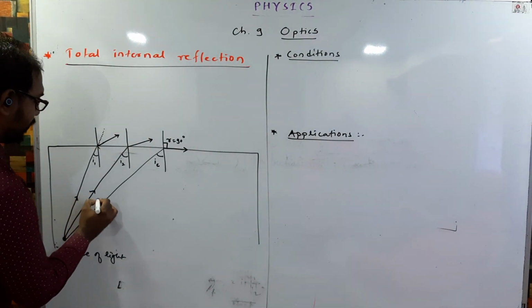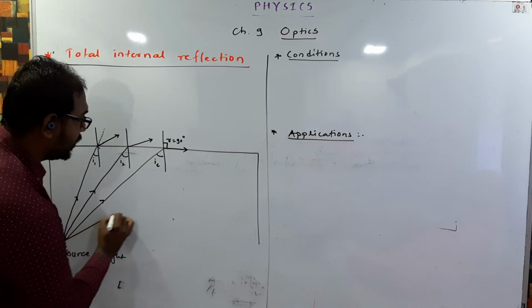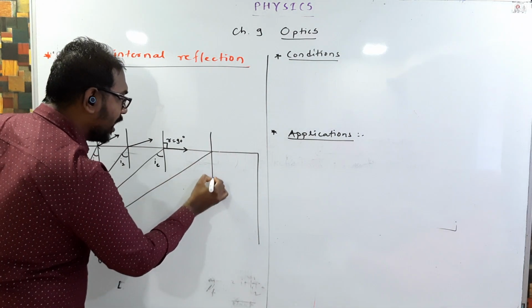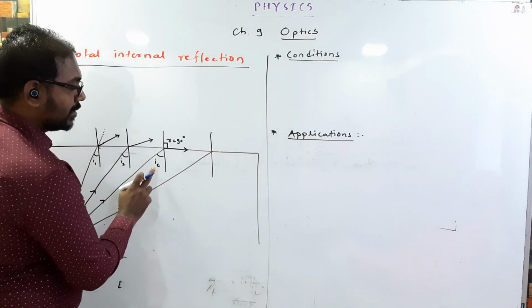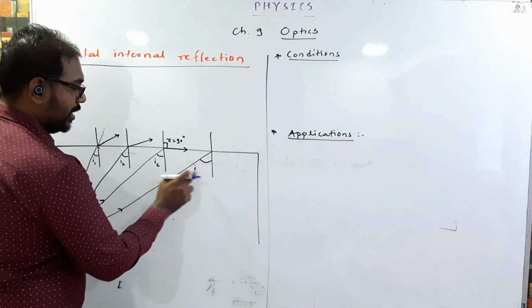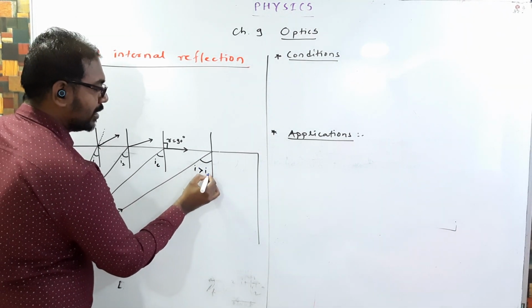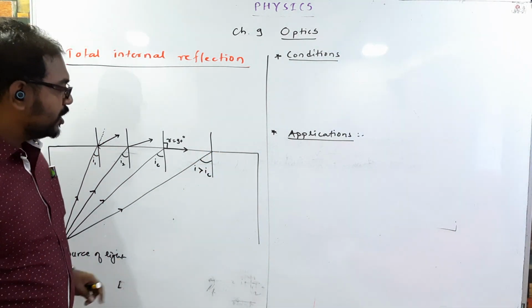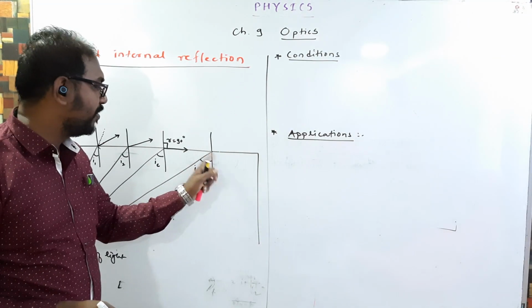Now, after that, I consider one more light ray. So this is the light ray. It is incident here again with an angle greater than this. So here I can write this angle is greater than this. Then this light ray, instead of refraction, here reflection is occurring.